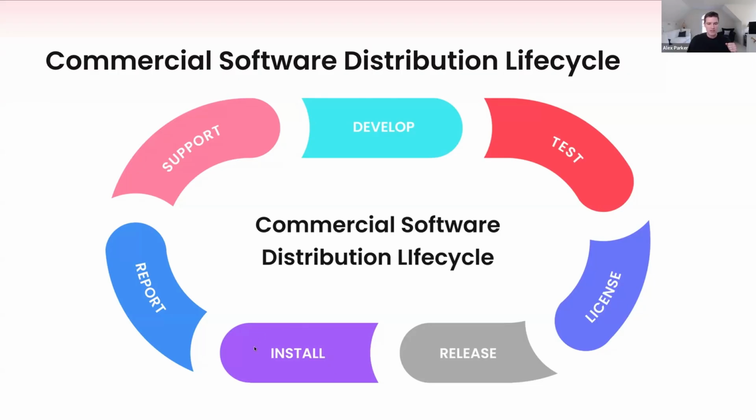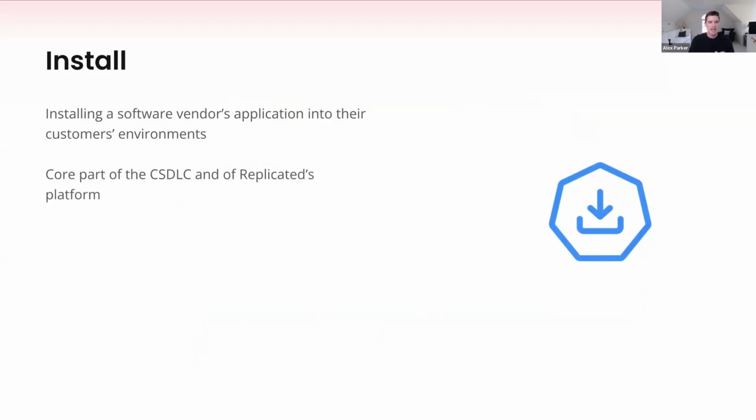So for me, install is the main piece that I'm focused on and what I'll be talking about today. And install is all about installing a software vendor's application into their customers' environments. And this is a really core part of that commercial software distribution lifecycle, and it's a really core part of Replicated's platform.